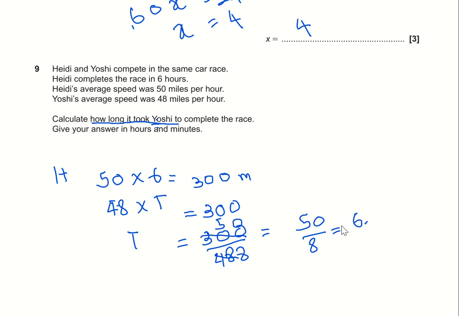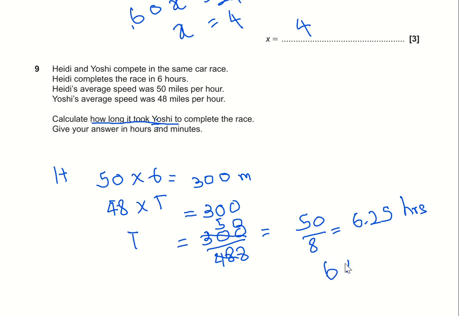That's 48. Then you will get 20. 20 divided by 8 is 2. 2 times 8 is 16. Then 40. 40 divided by 8 is 5. This is hours. 6.25. Then I need to convert this into hours and minutes.